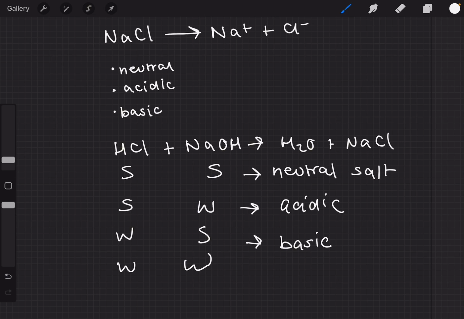Just to put it out there, if you did have something like that, you would have to look at the relative Ka and Kb values. If you remember, that's how we measure the strength of a weak acid or a weak base. Whichever one was higher is what the salt would be. So if the Kb was higher than the Ka, then that would also result in a basic salt. But don't worry about that for this unit.